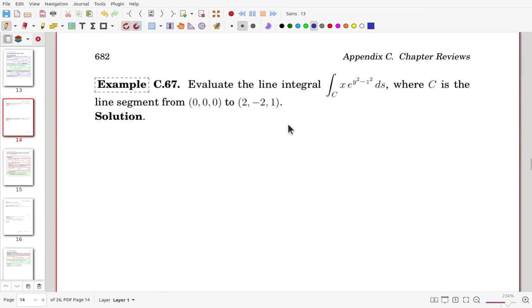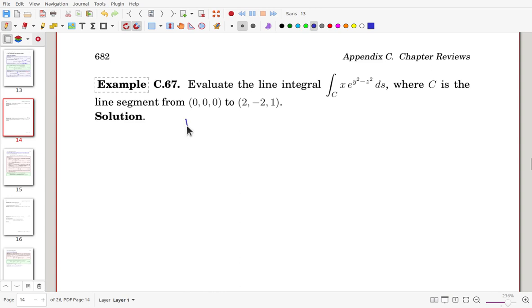Evaluate the line integral where C is the line segment from this to that point. When we try to use the evaluation formula, we have to parameterize the curve. That is a line segment.